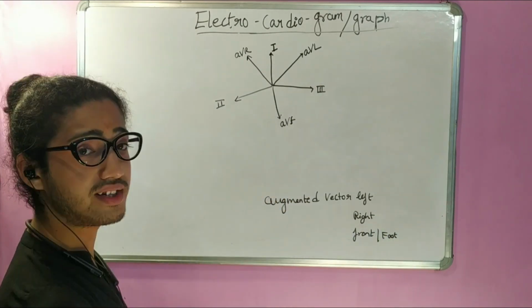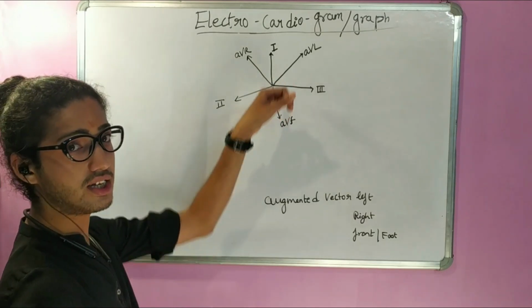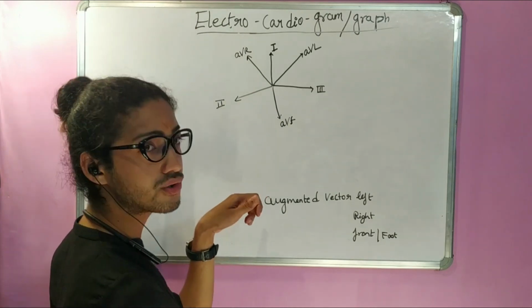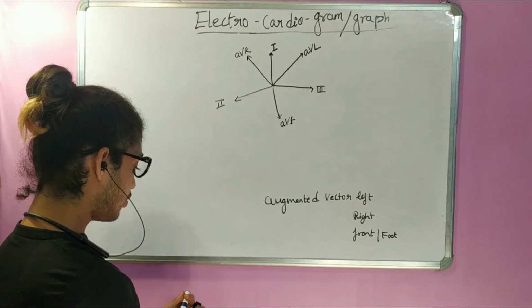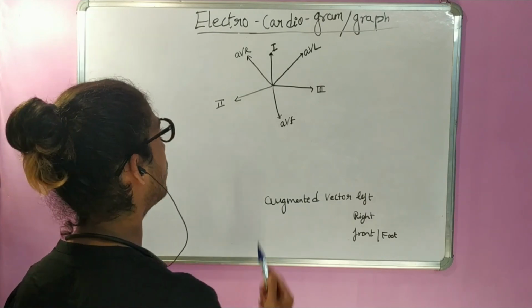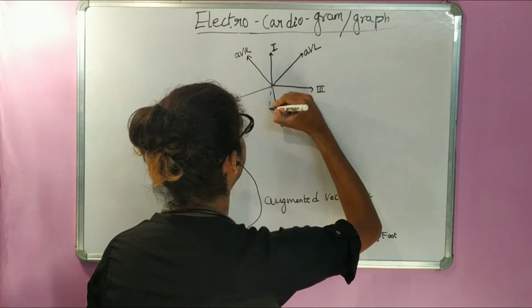Now here, while determining the electrical axis, you must have seen that I'm ignoring the right leg completely because there's no electrical activity, it's neutral. Okay, now let us draw or extend these vectors. So while extending, we are going to look at an interesting fact here.